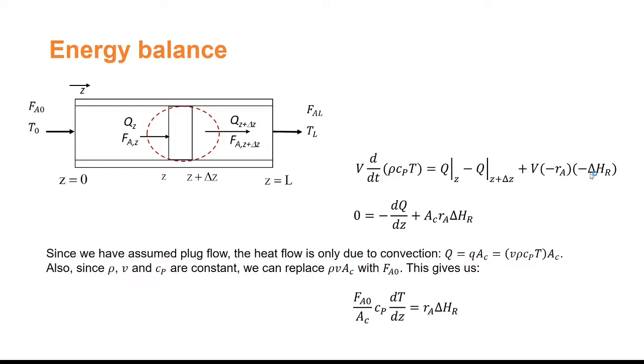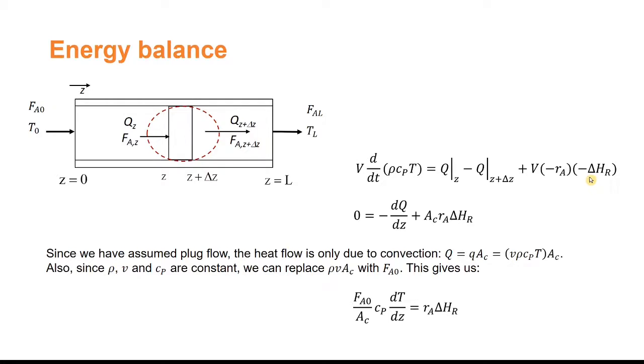We have a negative sign here because the heat of reaction is negative for an exothermic reaction. And if it is an exothermic reaction, the energy in the system is going to increase. As the reaction proceeds, the reaction inputs energy into the system, and the temperature of the reactor is going to increase.